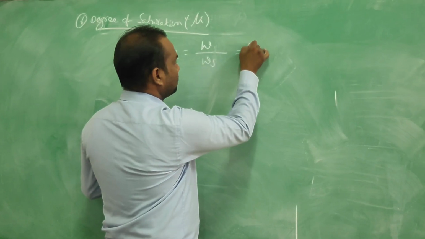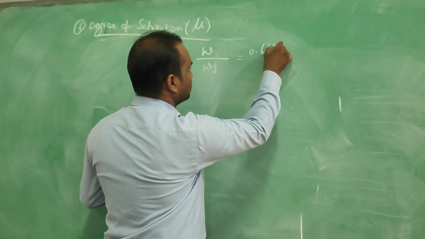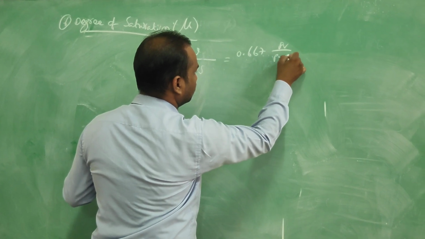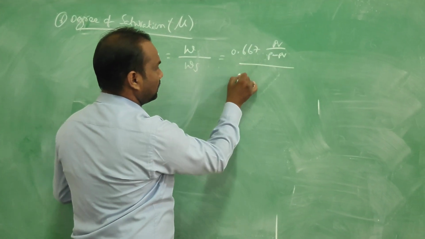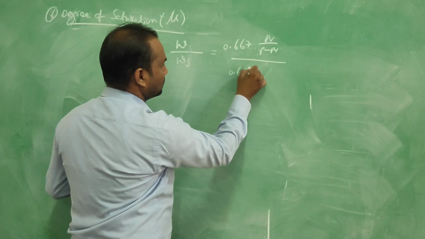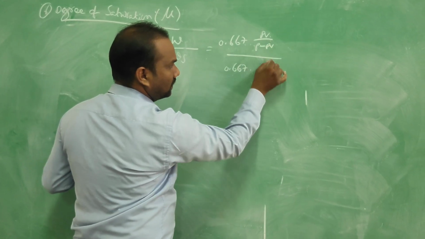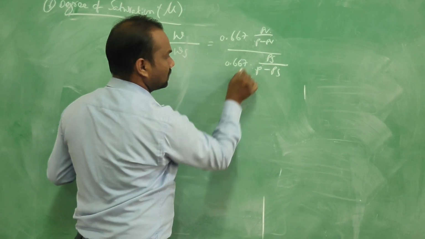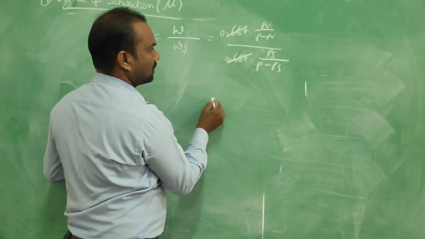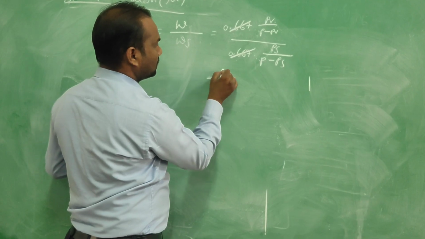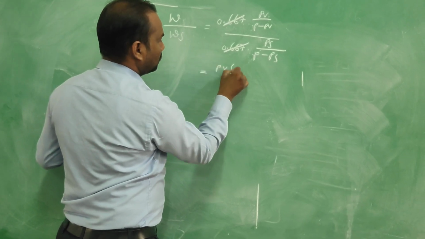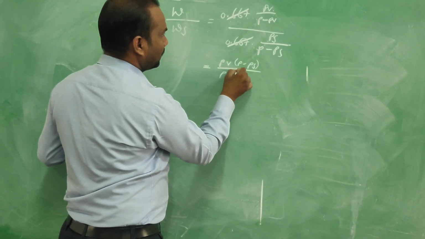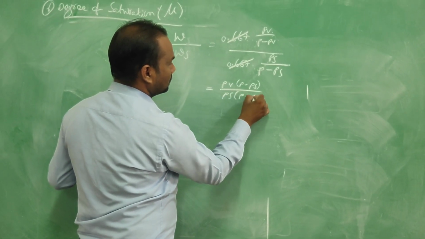So for unsaturated air, the equation is 0.667 PV by P minus PV. Whereas for saturated air, it is 0.667, and instead of writing PV, we need to write PS. That is the only difference. P minus PS. So 0.667 gets cancelled. Then the equation is PV into P minus PS divided by PS into P minus PV.